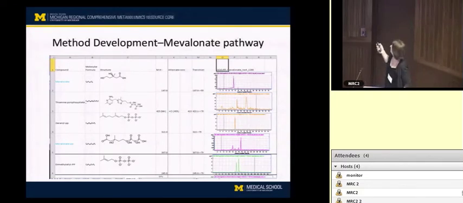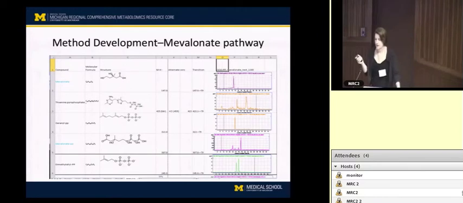The reason this can be very helpful is because when you have isobaric compounds, if you don't get a perfect separation in the LC, you might be able to find one fragment that is unique to one of the compounds, that you don't see in the other. They're the same mass, but they fragment a little differently. So you can find this one fragment that you can monitor for that uniquely identifies one of the two compounds.